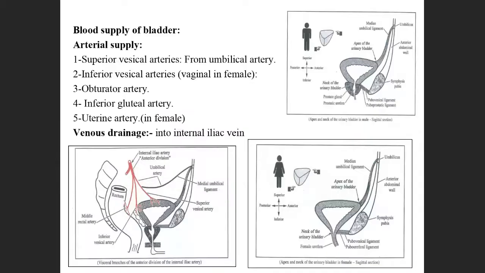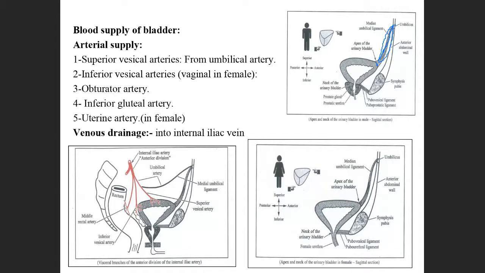Okay, next. Now you see these pictures. This part is the apex of the urinary bladder, this one, and here you have the median umbilical ligament. Apex of the urinary bladder. Here there is attachment of the umbilical ligament to the umbilicus.